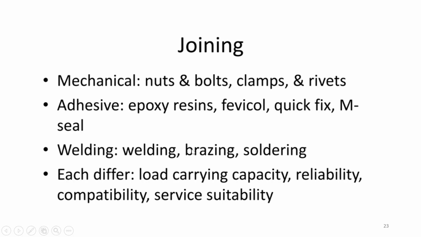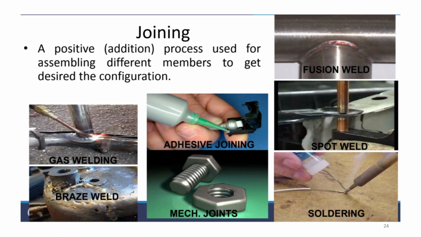In case of welding, it can be welding, brazing and soldering. And how do these differ? The resultant product will have different load carrying capacity, different reliabilities, different compatibility, different service suitability. These are the various processes.